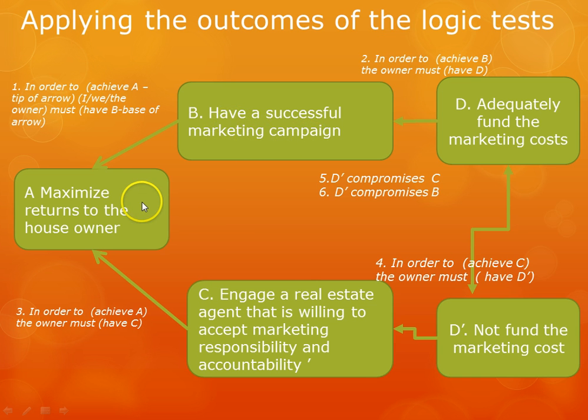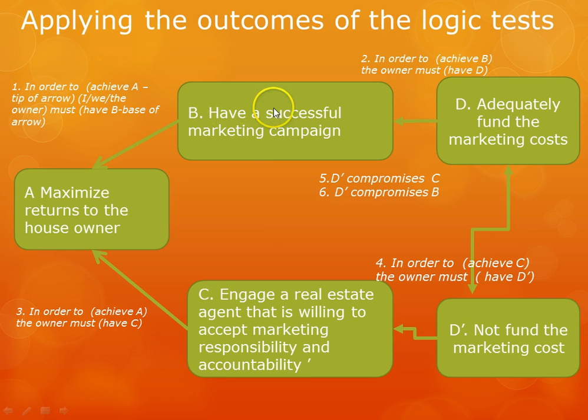Well, that sounds logical, because without a marketing campaign, the prospective buyers are not going to know that the house is indeed even on the market. So the owner needs that marketing campaign, and that marketing campaign needs to be successful because returns to the house owner will be based on there being more than one bidder for that house.